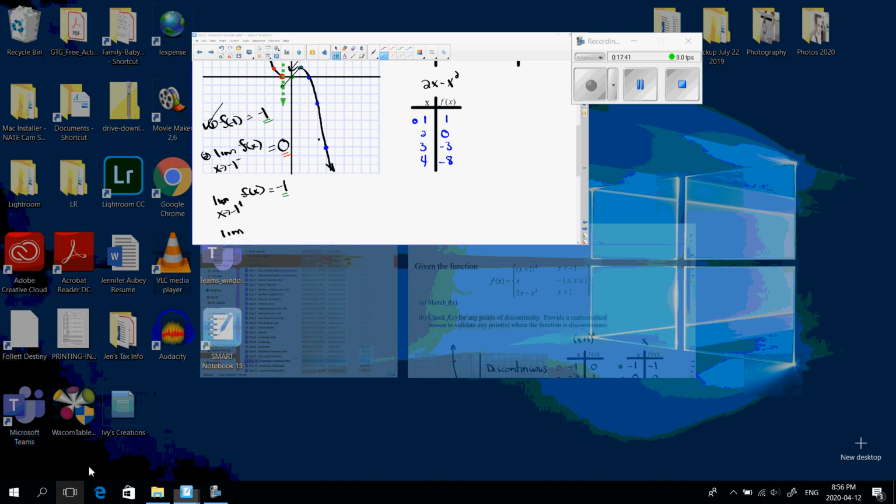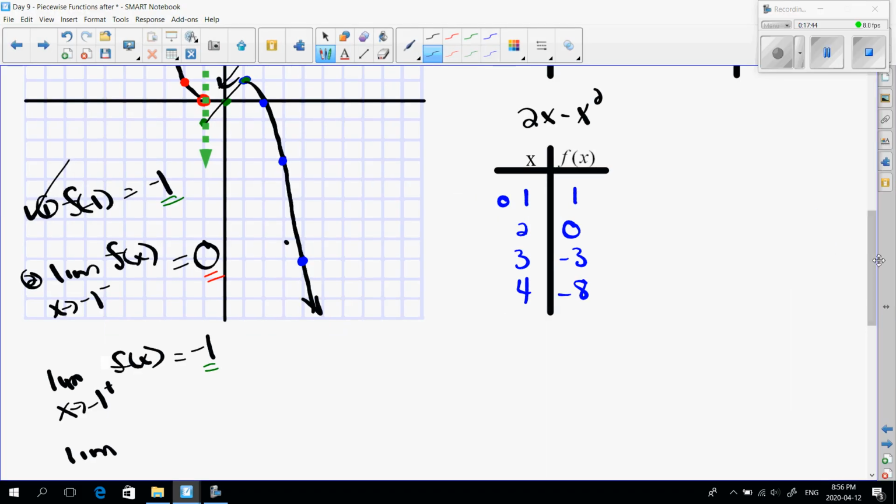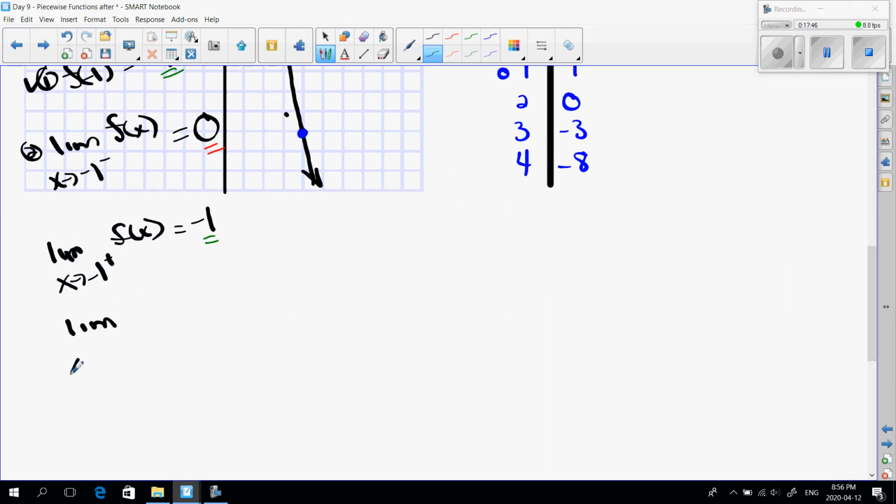So the limit as x approaches -1 of f of x does not exist. And because the limit does not exist, we can say the function is discontinuous at x equals -1. That is our mathematical reason.